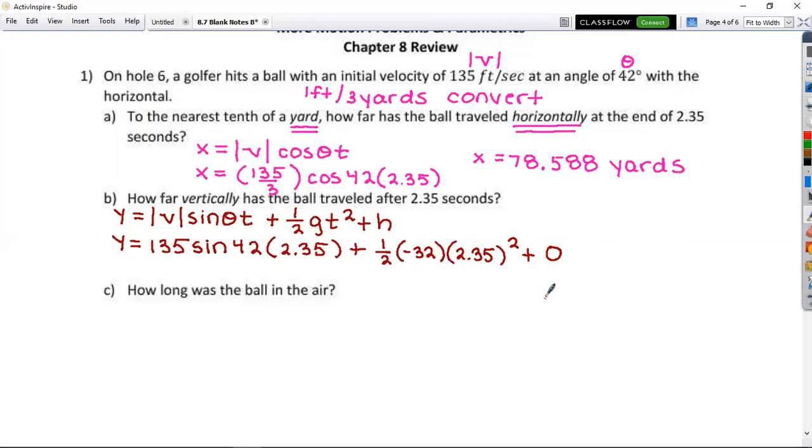All right, so this one is 135 sine of 42 times 2.35 plus 0.5 times negative 32 times 2.35 squared. All right, I am getting approximately, so y is equal to, I got 123.923, if you round that up. And this one is back in feet.